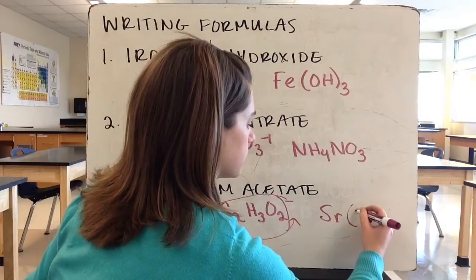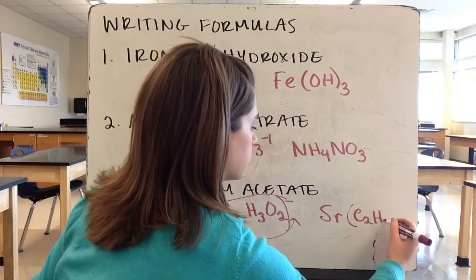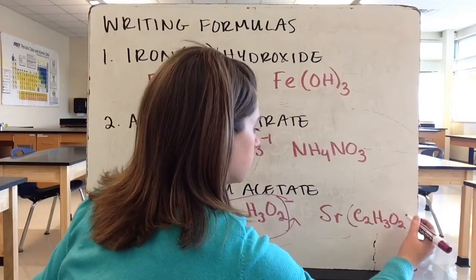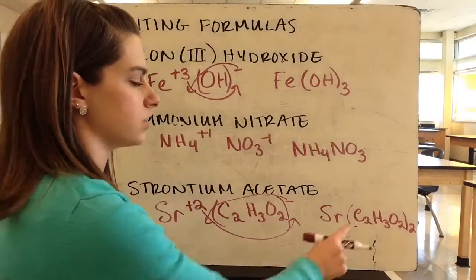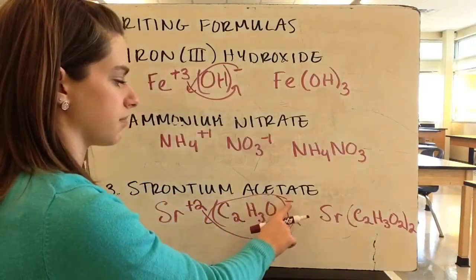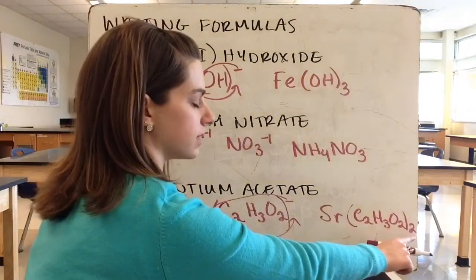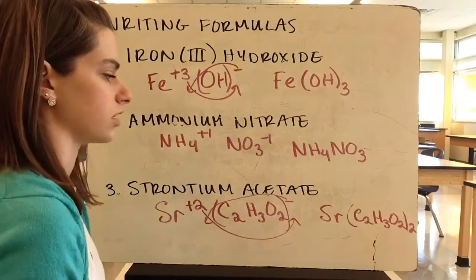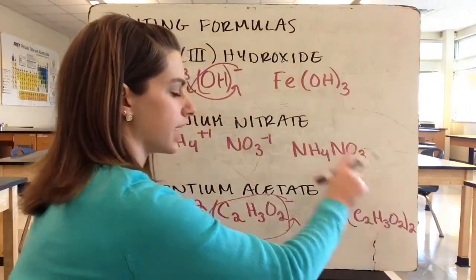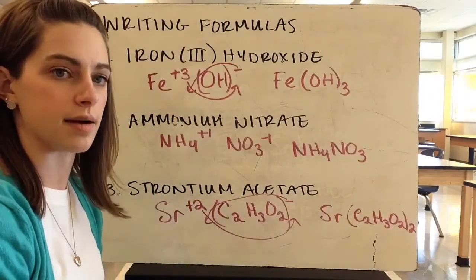So we'll put parentheses C2H3O2, and then our 2 will go on the outside. So we have 2 acetates, each with a -1 charge, so we have a total of -2. And we have one strontium with a +2 charge, so we have +2, we have a -2, and we have an overall neutral compound.